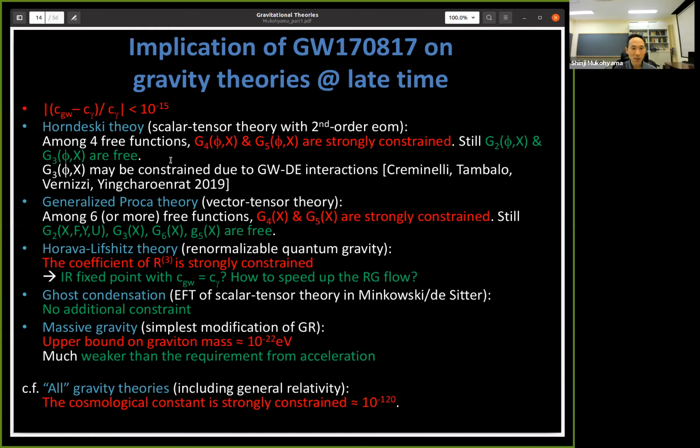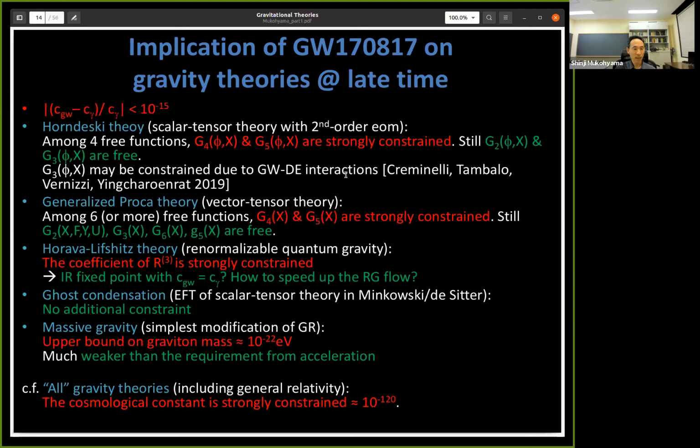X is the usual kinetic term, d mu phi, d mu phi. On the other hand, G2 and G3 are still free, but recent discussions tell us that G3 may also be constrained due to gravitational waves and dark energy interactions.